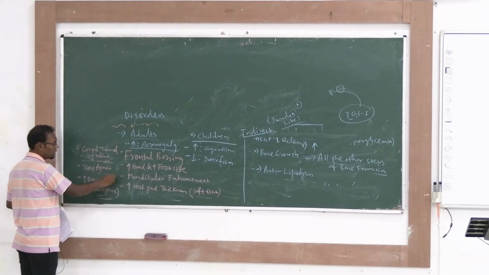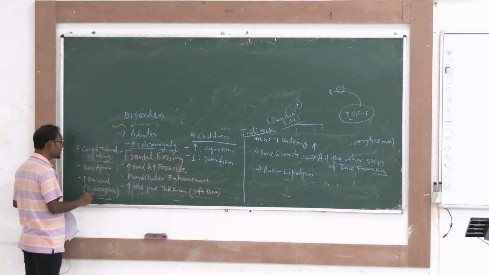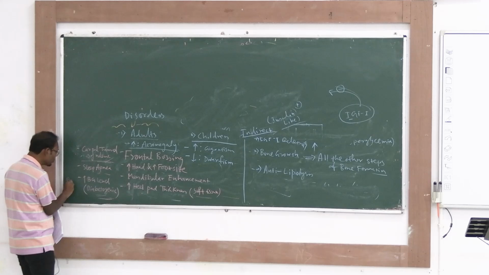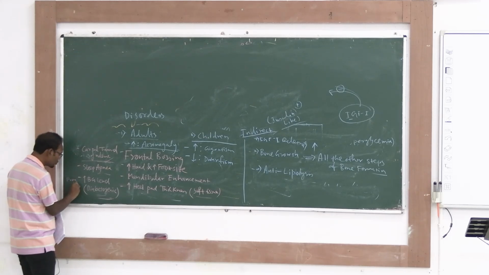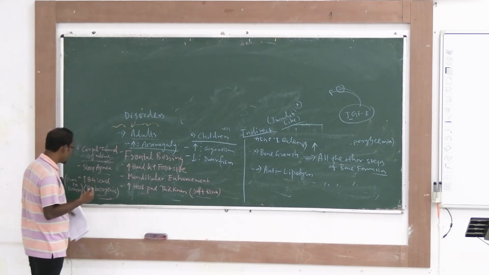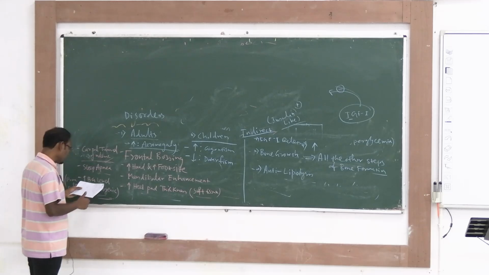So increased blood glucose levels are seen in acromegaly patients, that means they are prone to diabetes, they have a very high chance of getting diabetes. So these are all the things that you need.